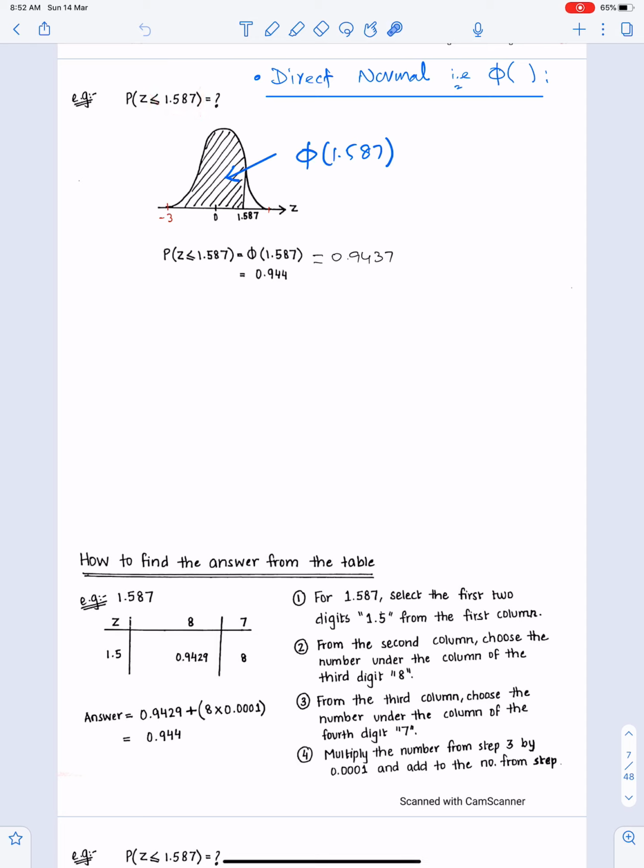Number 1, for 1.587, select the first two digits 1.5 from the first column. I mean, you need to search this number in this column. Number 2, from the second column, choose the number under the column of the third digit 8.